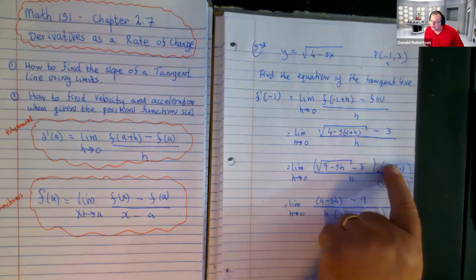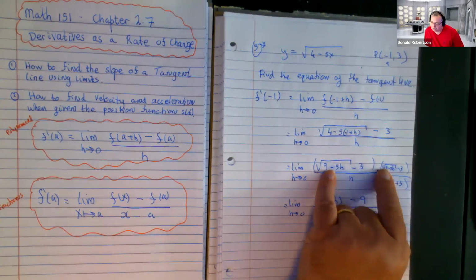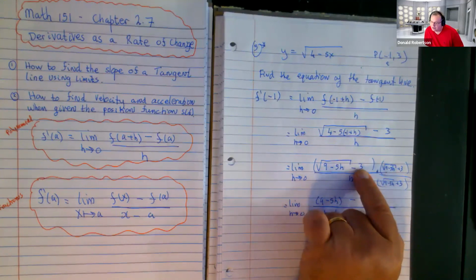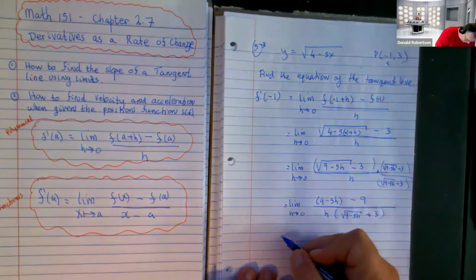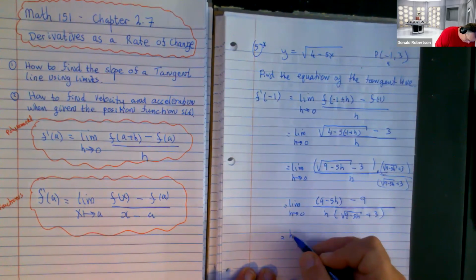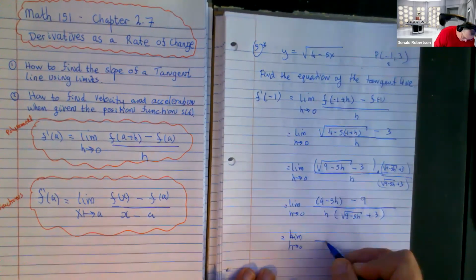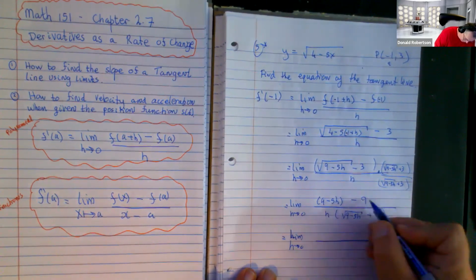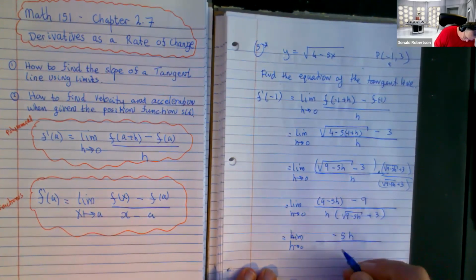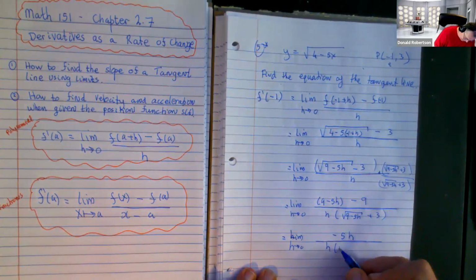When you do a thing and its conjugate, you always end up with the first guy squared, take away the second guy squared. Well, they cancel out and you're left with negative 5h on the top and this guy on the bottom.